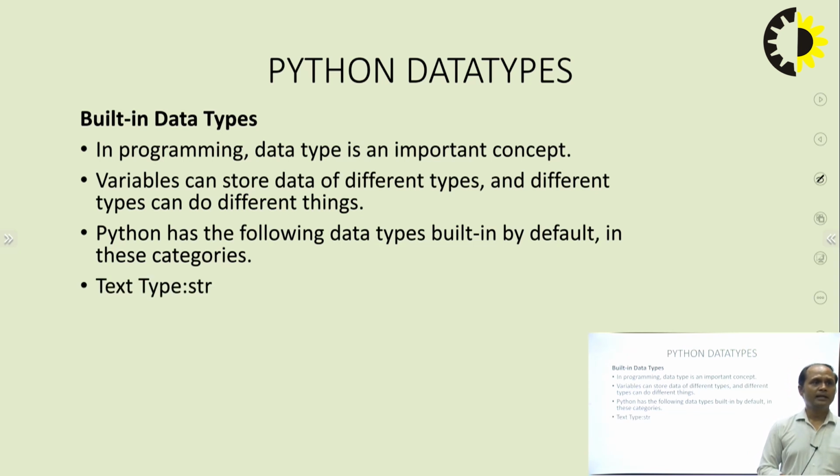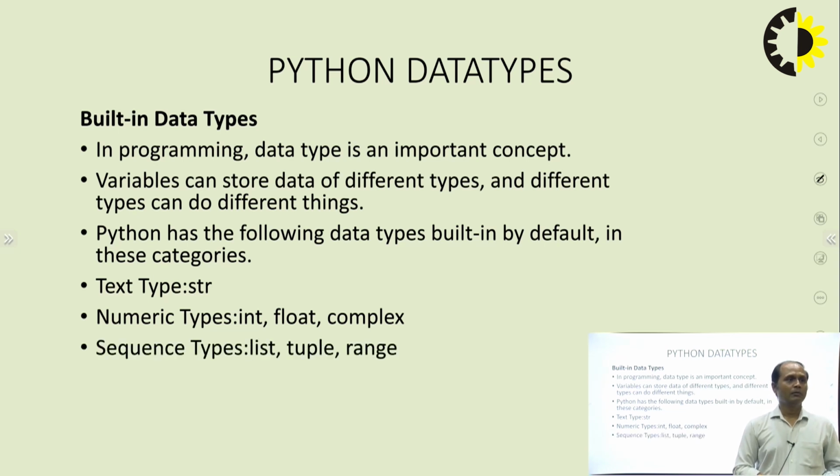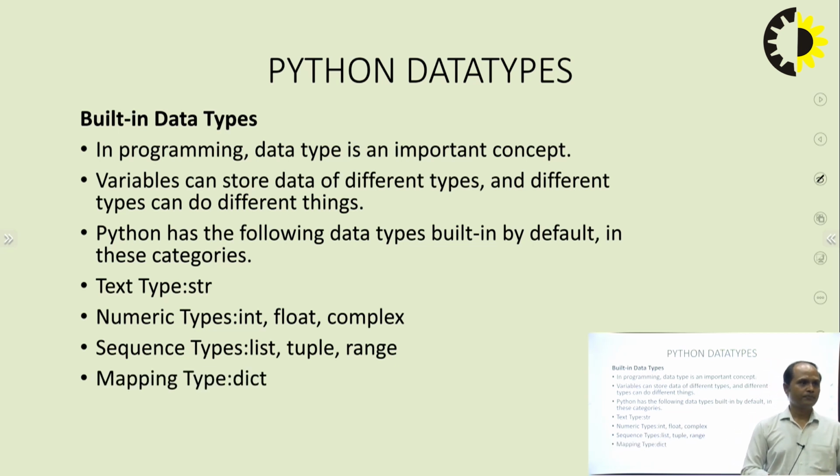Text type, like string; numeric types, which are integer, float and complex; and sequence types, like list, tuple and range. These data types are built-in and available in the Python library files, so we can use them. Next is mapping type, that is dictionary.